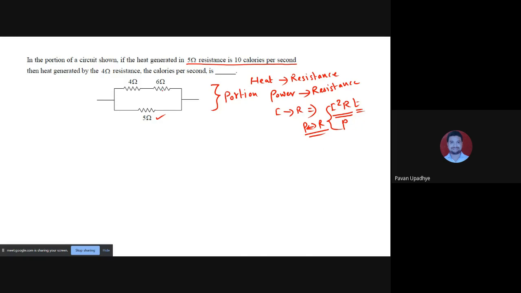So let us discuss what is asked. Then heat generated by the 4 ohm resistance, in calories per second. So what is given is simply the amount of heat in 5 ohm resistance, that is 10 calories per second, and we are supposed to find out the heat in 4 ohm resistance.